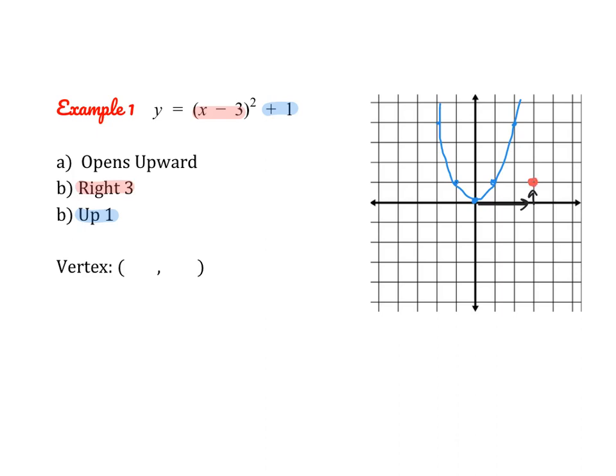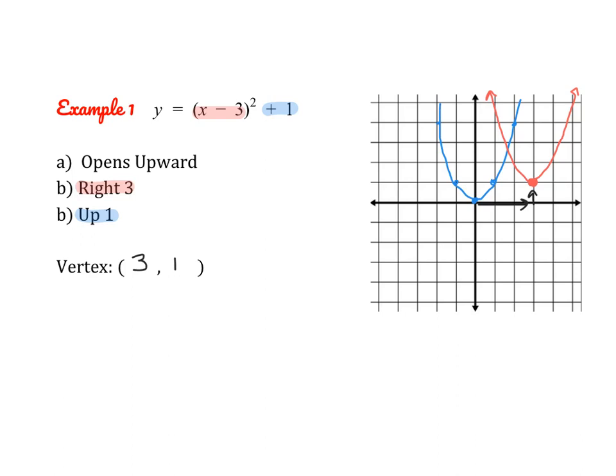So you can see that since I moved right 3, up 1, my vertex is at (3, 1). And then to finish graphing, we know, again, that our graph opens upwards, and it hasn't gotten any skinnier or wider, so it's just going to stay looking like this.